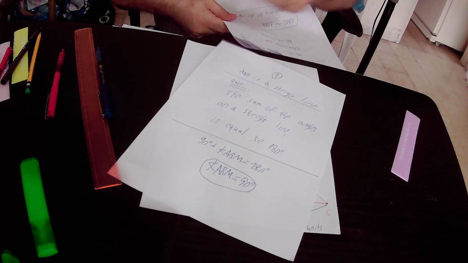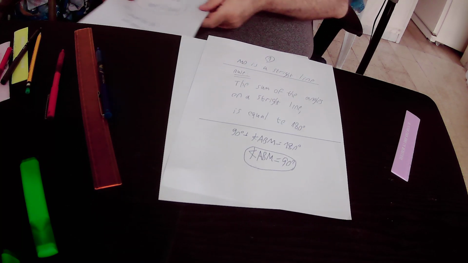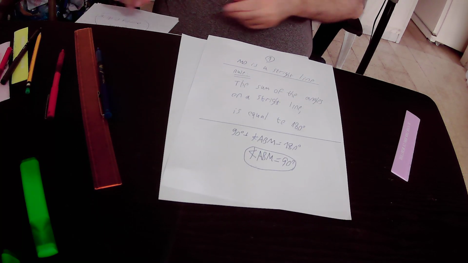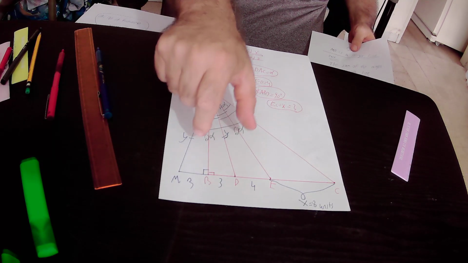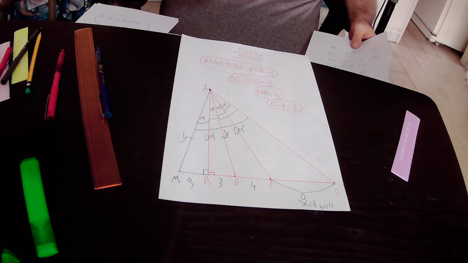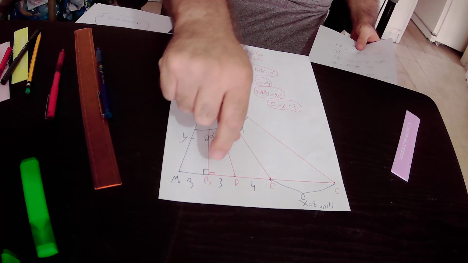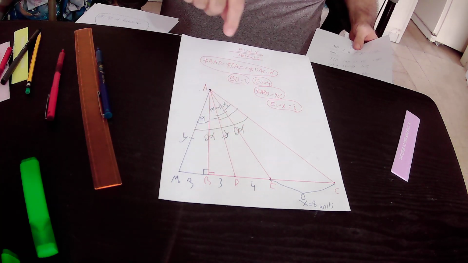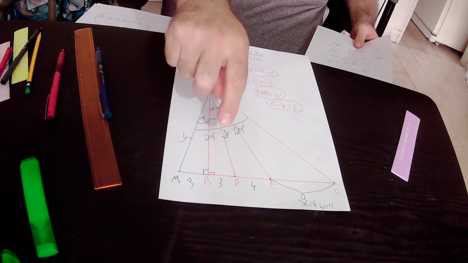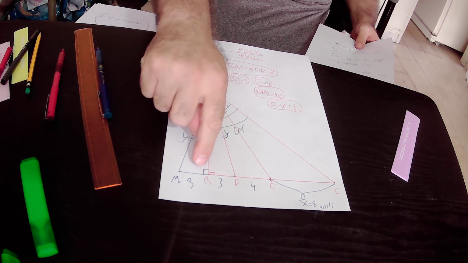We have the rule that the sum of the angles on a straight line equals to 180 degrees. So the sum of the angles on the straight line MD at any point must be equal to 180 degrees. If we focus on point B, the sum of the angles at point B on the straight line MD must be equal to 180 degrees. So which angles we have at point B? At point B we have here 90 degrees, and we have also angle ABM.